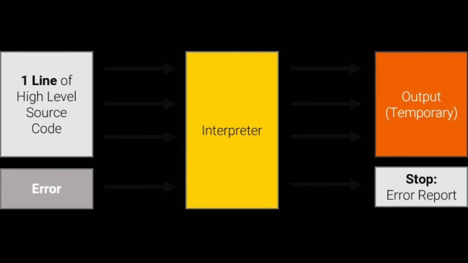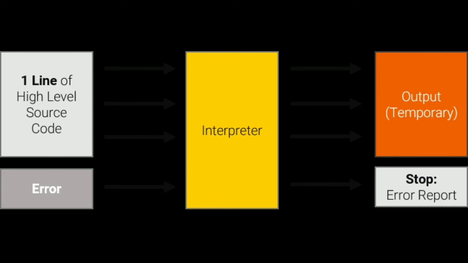Okay, again coming on to the second line of the source code. In the second line of source code, there is an error. So the interpreter has found that there is an error in the second line of source code, so it will stop the process of translation and send an error message. Only once the programmer removes that error, only then the next step of translation takes place.